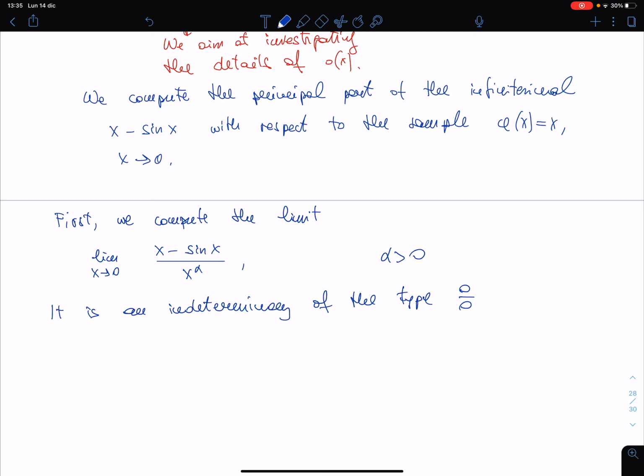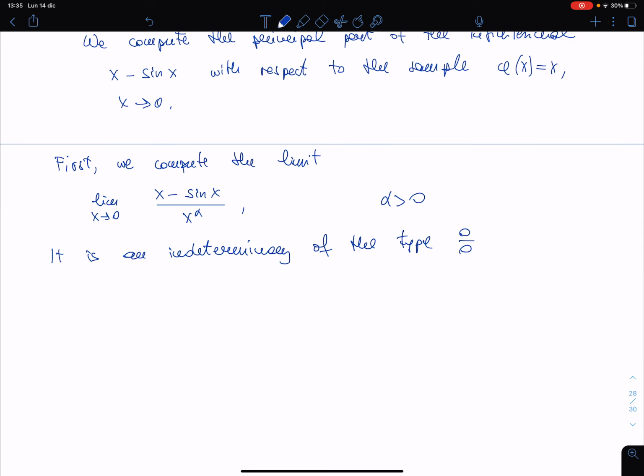So start differentiating and see whether the ratio between the derivatives of the numerator and of the denominator has a limit. So first, consider x minus sine of x prime divided by x to the alpha prime.